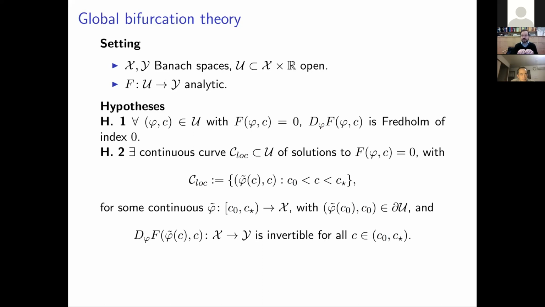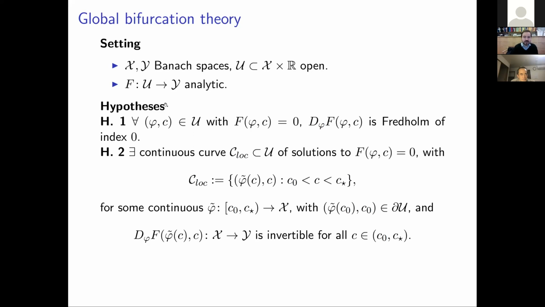But when you're working on the real line, it's not enough to look at the regularity. There are also problems with compactness coming from translation invariance, and things can run off to infinity.